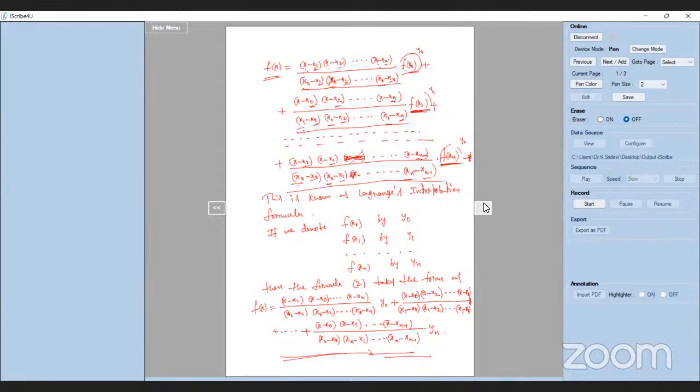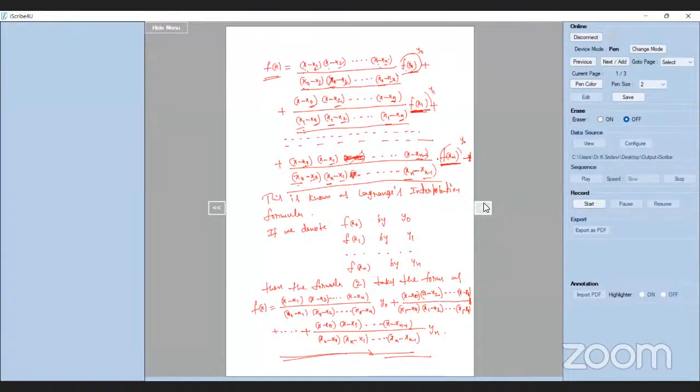But in Newton divided difference interpolation formula, we have to construct the divided difference table.